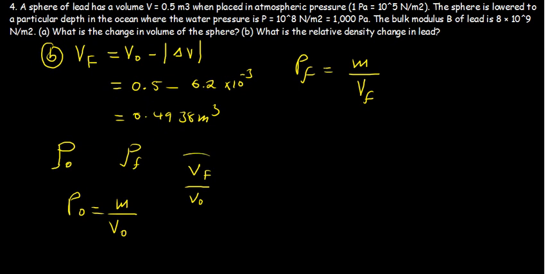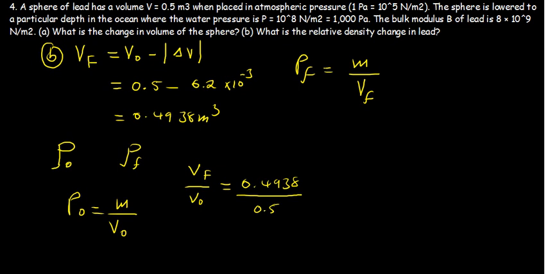It is final divided by the actual, just like density. Relative density is the density of a material divided by the density of a substance that you are using as a reference point. So this is going to be equal to the final volume, 0.4938, over the initial volume, which is 0.5.